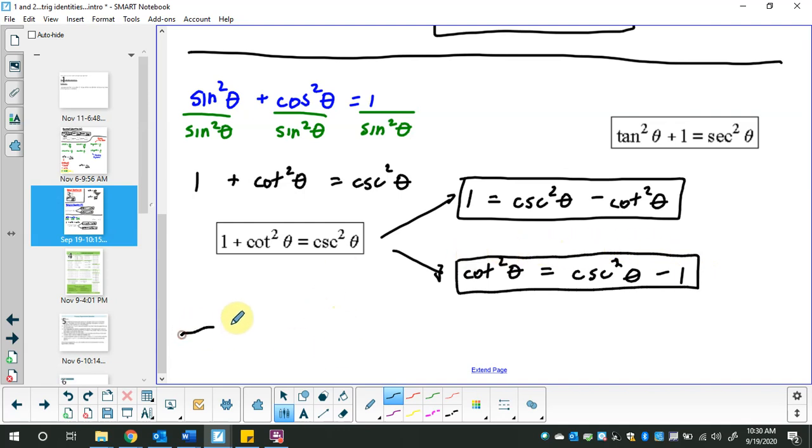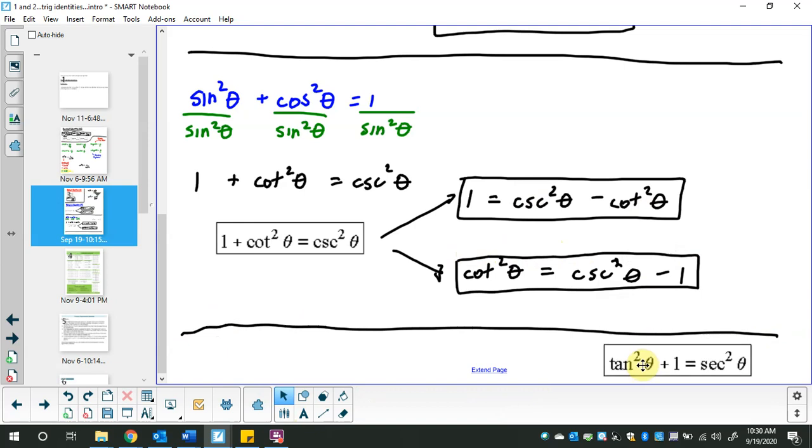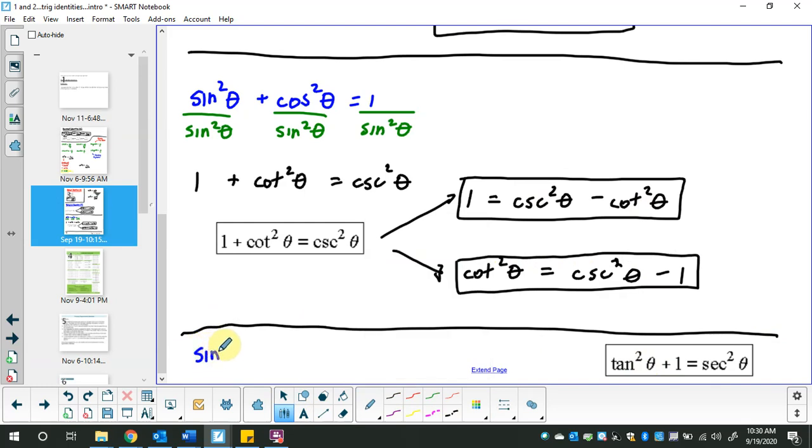I'm going to draw my line. Not a very good line. And I'm going to hopefully generate that guy. So again, I am going to start with my favorite.